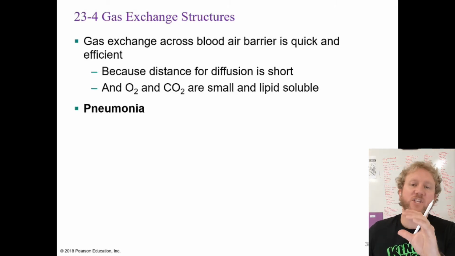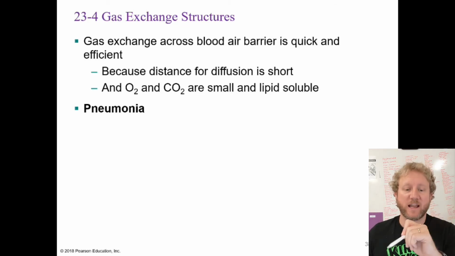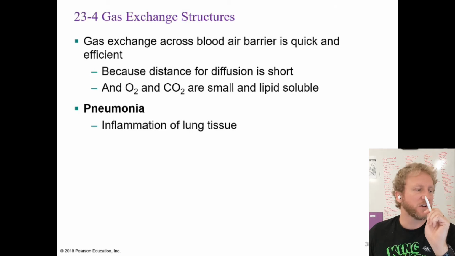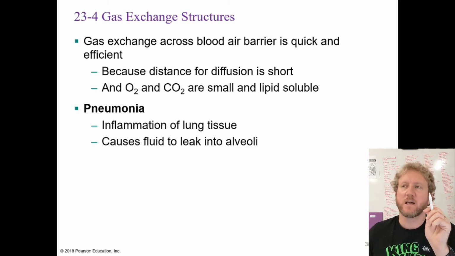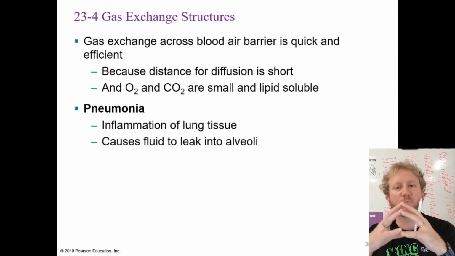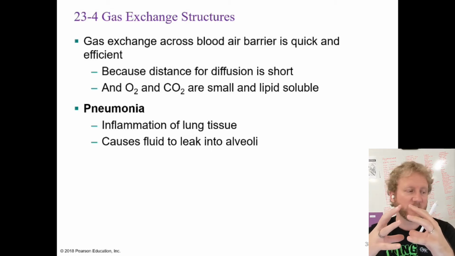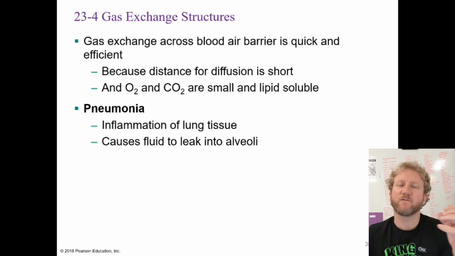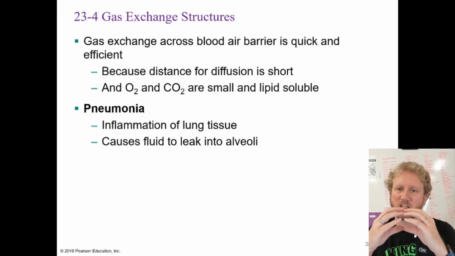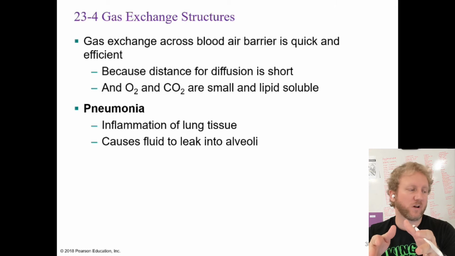Now, if we have inflammation of the tissue, specifically at that blood-air barrier, that is known as pneumonia. This inflammation can lead to fluid leaking into the alveoli, because part of the inflammation process is the buildup of fluids. That's where the actual swelling takes place. And so as the fluid floods into those really small tissue spaces, it can actually be forced into the alveolar sacs.